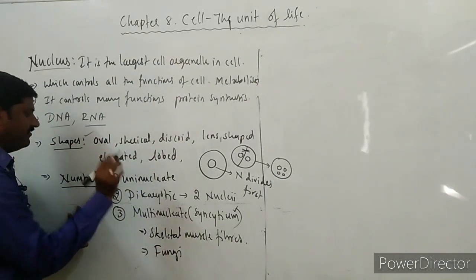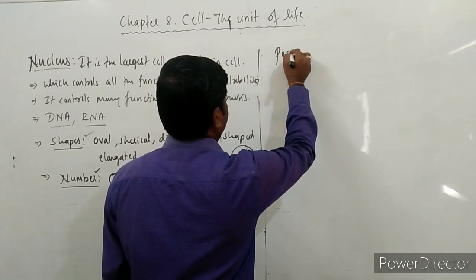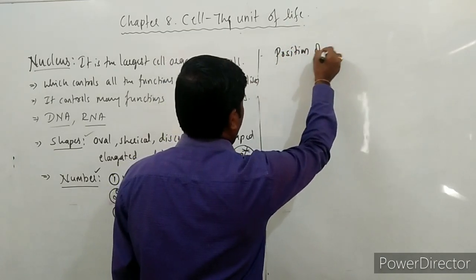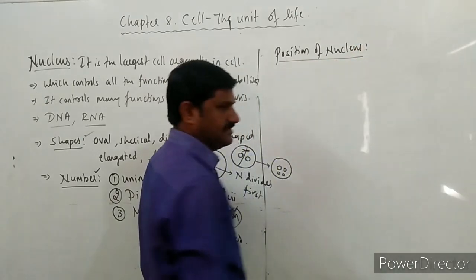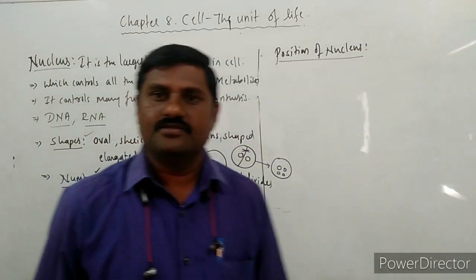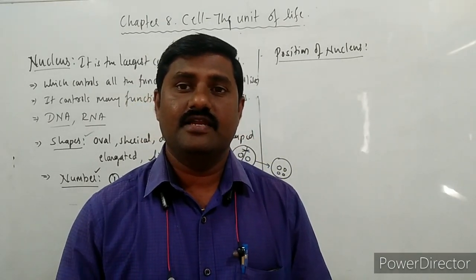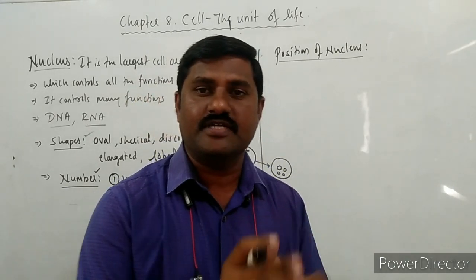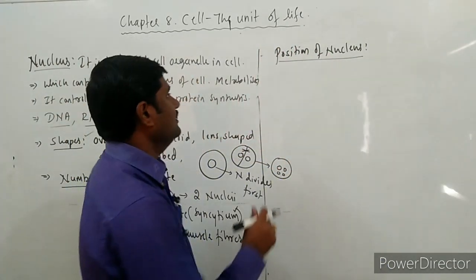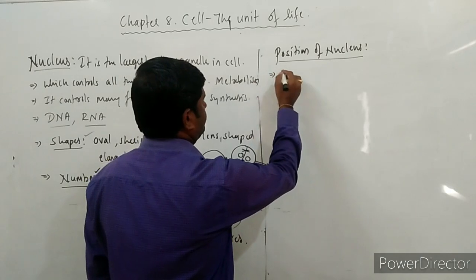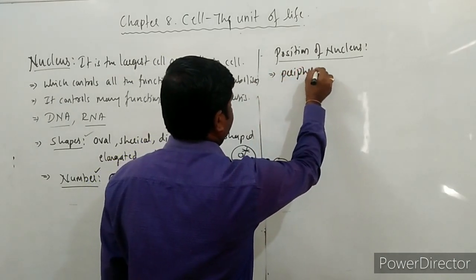So this is about the number of nuclei and the position of the nucleus. Position of nucleus: in plant cells, as you know, the nucleus is usually pushed towards the periphery due to the presence of a large vacuole, right? So the position is peripheral.